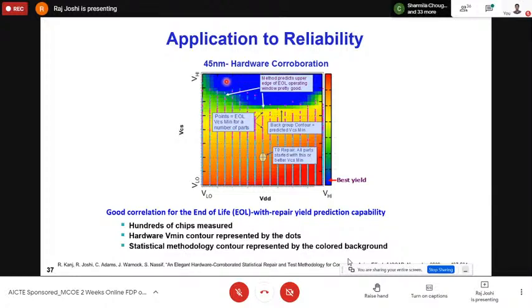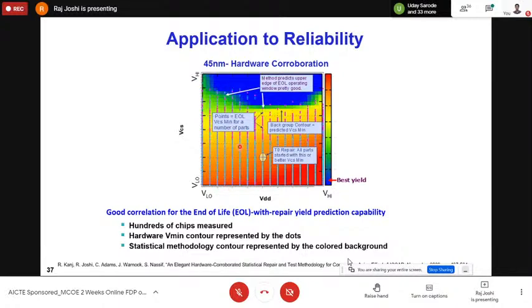If you do that, and these points that you see here are done through measurements. You apply VCS of this and VDD of this to the chip, to the hardware, and if it fails, it will fall in this region.